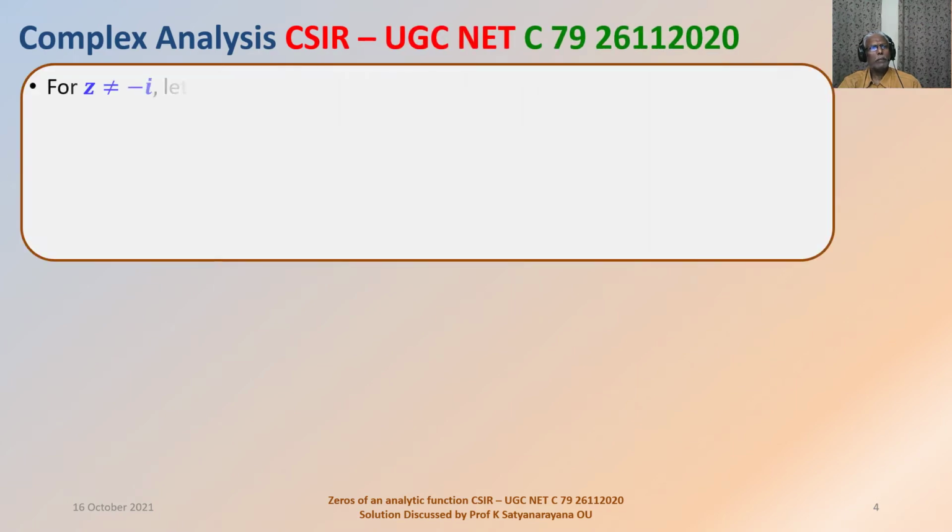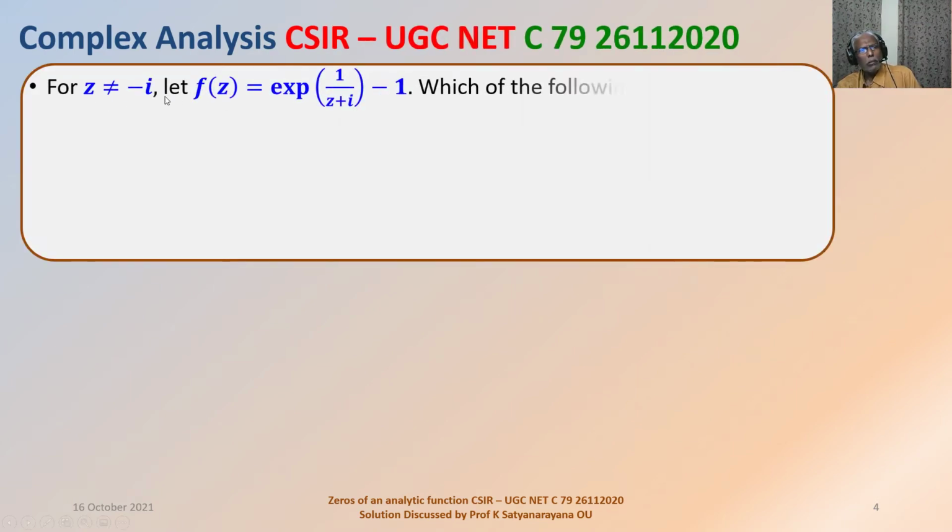The problem is: for z not equal to minus i, let f of z is equal to e power 1 by z plus i, minus 1. Which of the following are true? So note down, are true. Option 1, f has finitely many zeros.